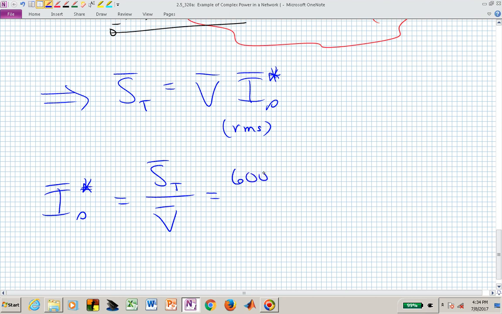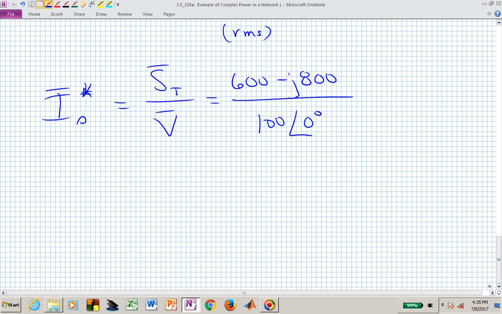In our case, that's 600 minus j800 divided by 100 at an angle of 0. And if we wanted, the 100 could pretty easily go into each of those, and the angle being 0 downstairs doesn't make that very difficult. So we really have 6 minus j8 in terms of a value.